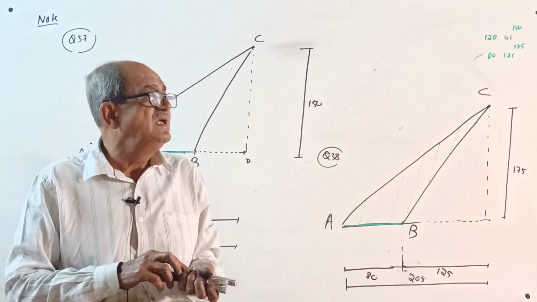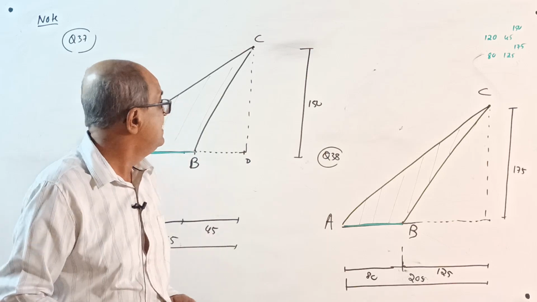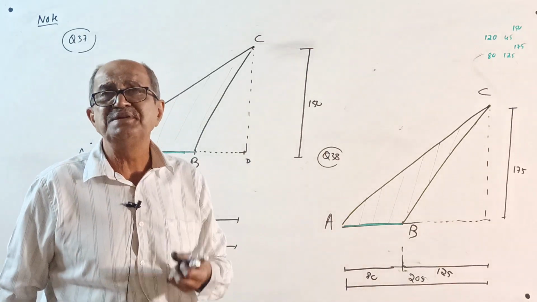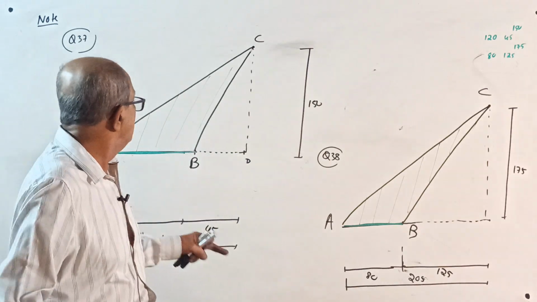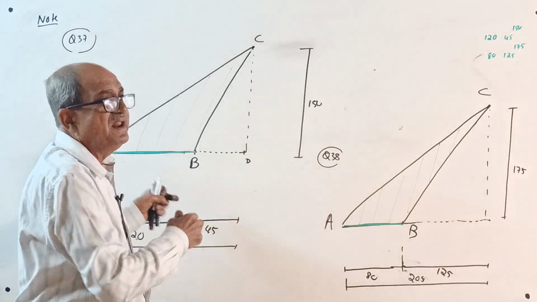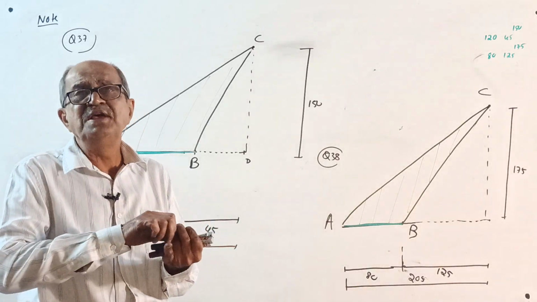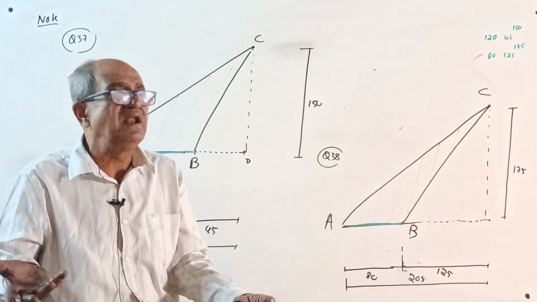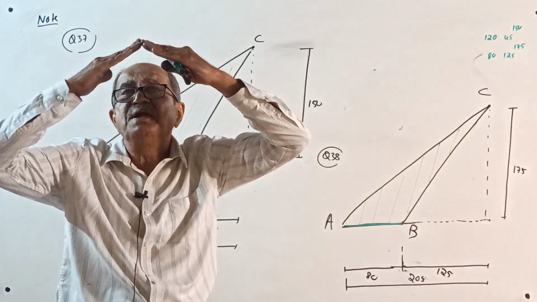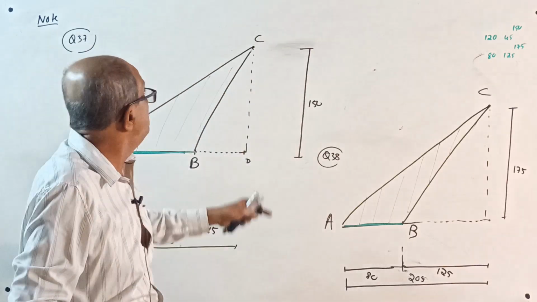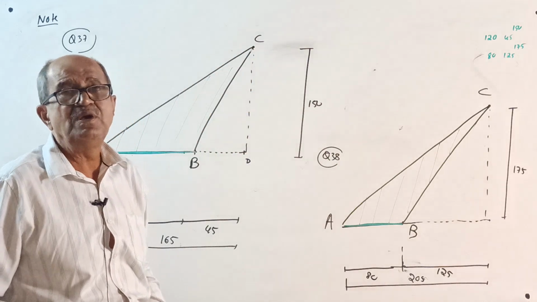He asked me, sir, can we solve by using some standard expression which is for a general triangle? See, sir, this is not a right angle triangle. This is not isosceles. So this comes under triangle in general. But that general triangle is this way, where the vertex is within the base. This vertex is outside. Can we solve?